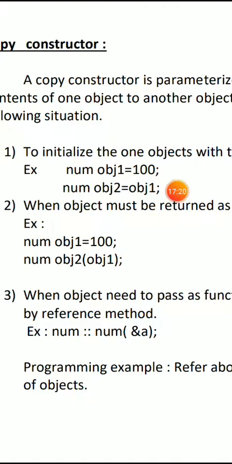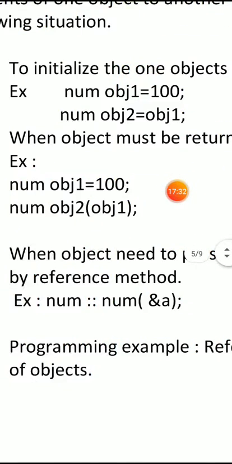If you want to pass obj1 as an argument to obj2 through the constructor, you can write the statement like num obj2 in brackets obj1. Now obj1 will become an argument for obj2, which is invoked automatically by the constructor when obj2 gets created.